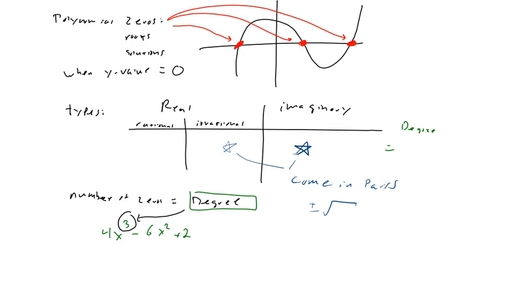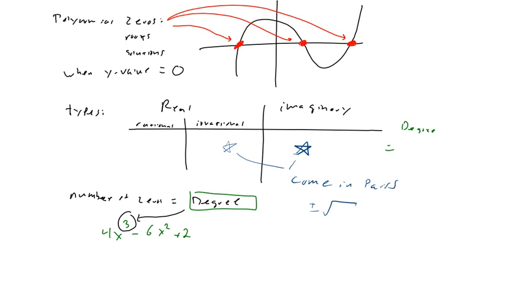So all of this is what we've talked about so far. Any questions or confusion about any of the features here? We know how many zeros the equation has.